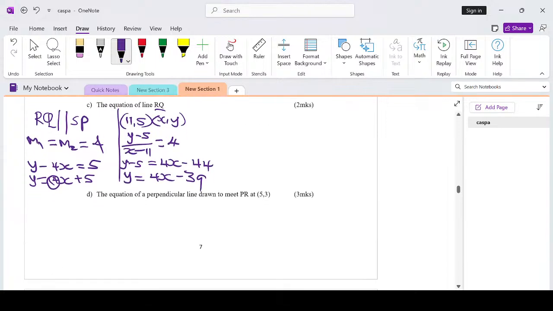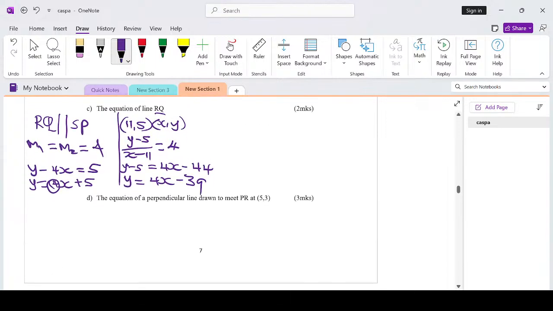Remember, they are talking about meeting PR. And when you look at PR, learners, the equation of a line drawn to meet PR at this point. So first of all, let's get the gradient at that point. How do you get gradient? Change in y.